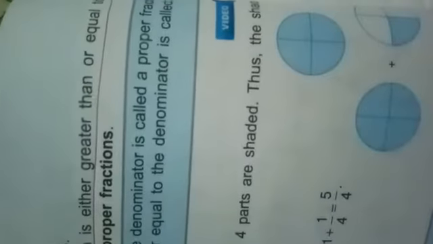Where the numerator is greater than the denominator, it is called improper fraction. Where the numerator is less than the denominator, it is called proper fraction.